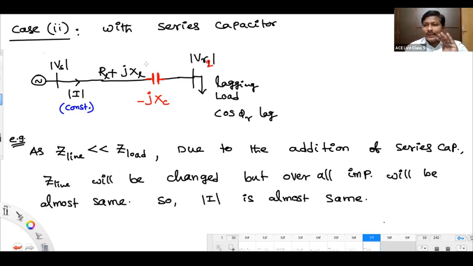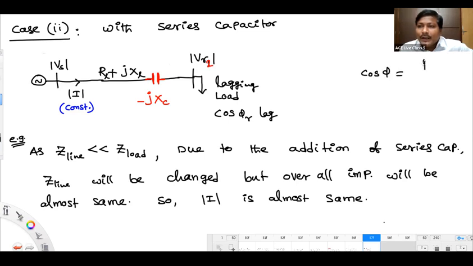Okay, before moving to that, let us make this comment also. All of you, please tell me. Stop writing, please. Overall impedance means line impedance plus load impedance, the total. If you know the total impedance of the circuit, what is the power factor?